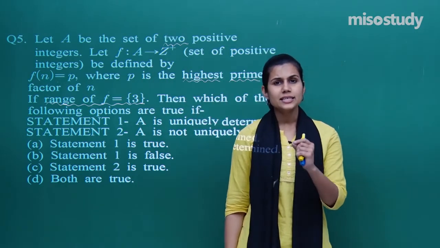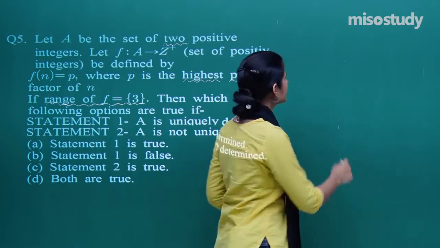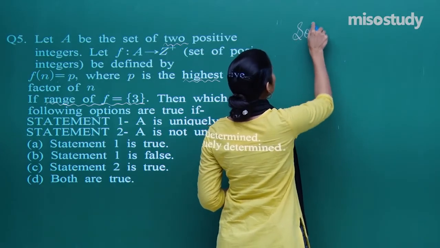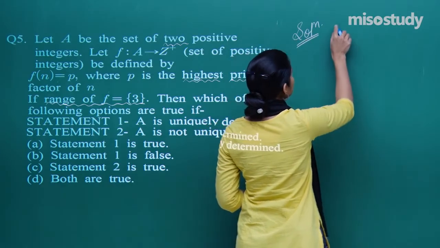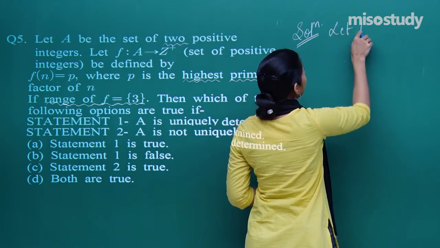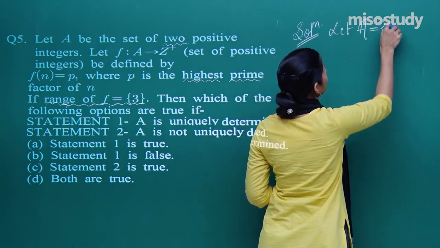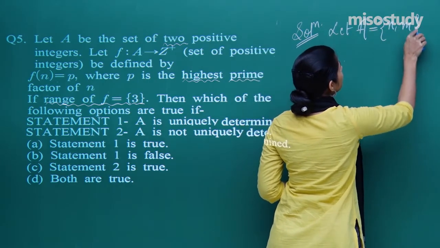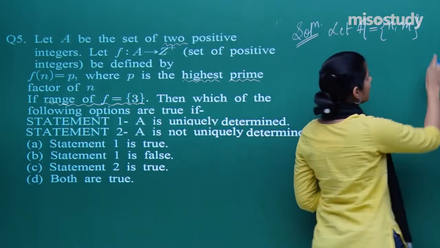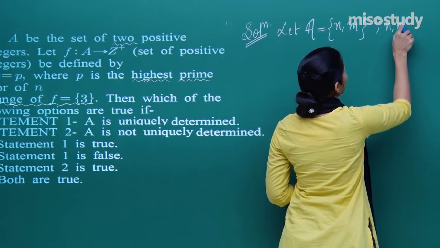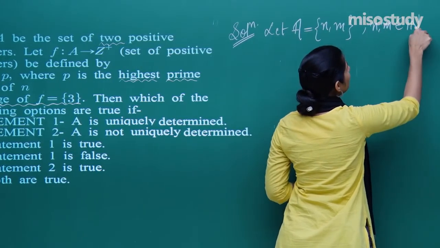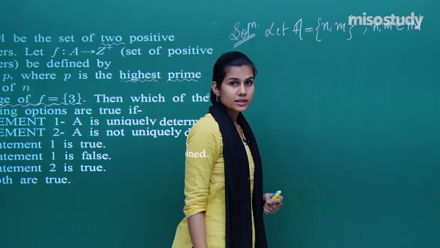I am given A is the set of two positive integers. I don't know what those two integers are. So, let me say let A be the set of two positive integers n and m, where n and m are any two positive integers.